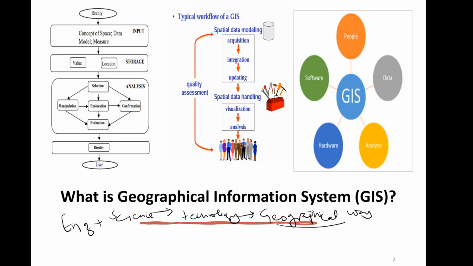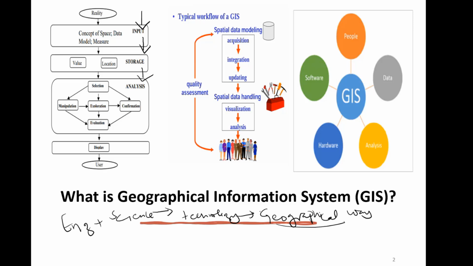So basically, GIS, or Geographic Information System, is a computer-based tool which has the capacity to, first of all, take input of data, then store it, and then analyze it.